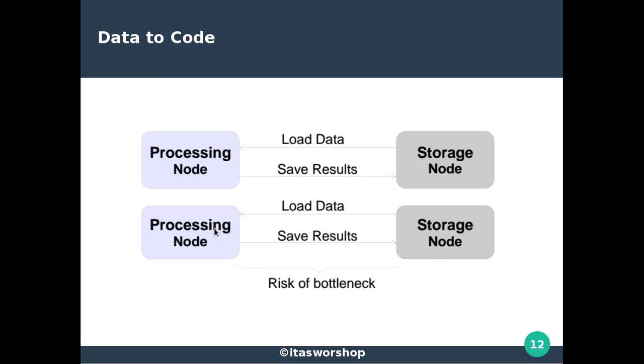This is the rise of bottlenecks. This is creating a jam in the network. Loading data and saving the result, processing node is there, storage node is there, and it is taking more and more of your network capacity.